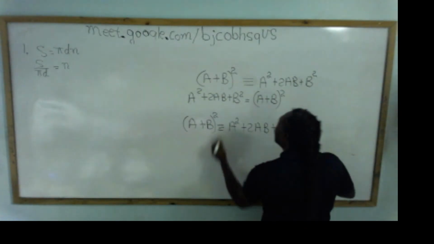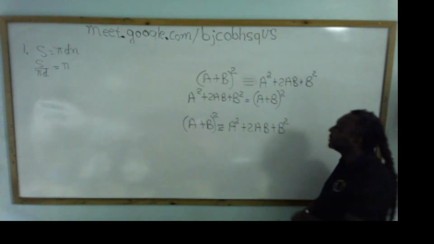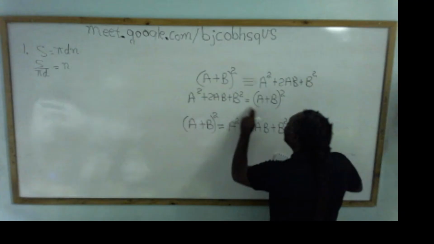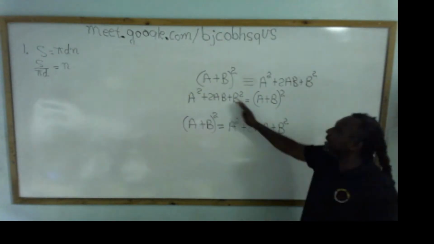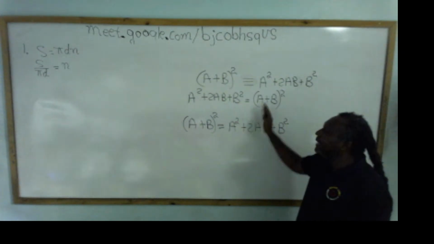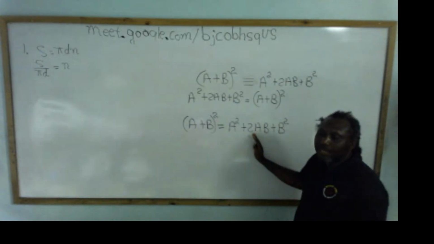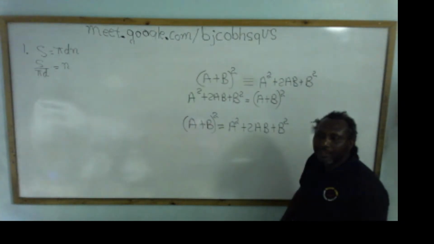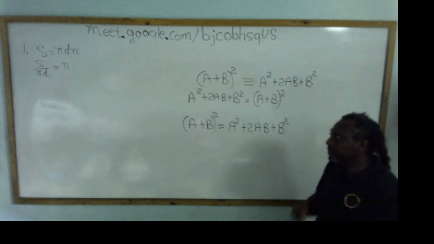Either direction, either this or this. So this is equal to this. Then you can say a plus b all squared is equal to this. You can turn it around any way and it has the same meaning because they are identically equal.